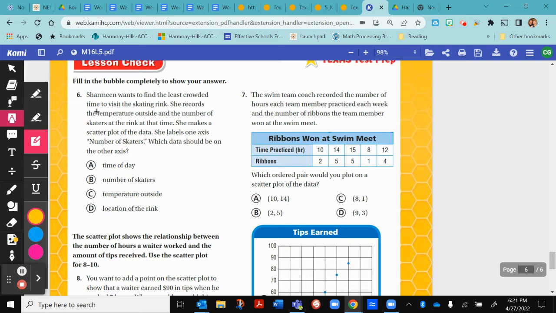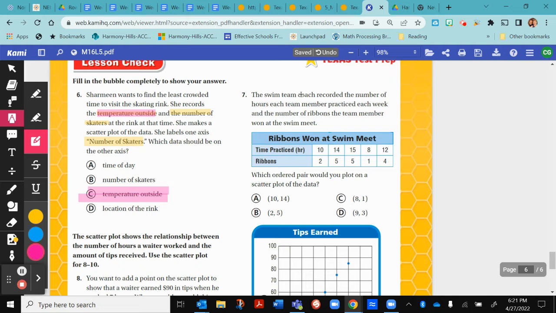She's going to record the temperature outside and the number of skaters. So if she's going to label one axis the number of skaters, what should she label the other one? Very good, the temperature outside, and that's what she should name it. So it'll be C, because those are the 2 things she was looking for.